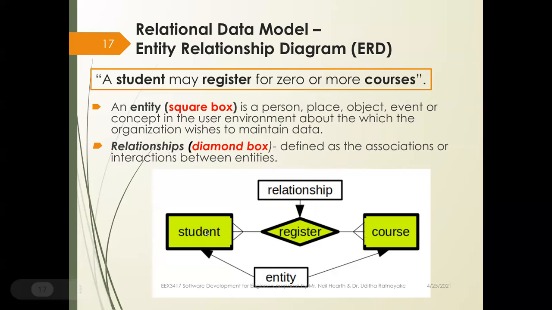Entities are here. Here you can see these are crow's foot, three lines here. Three lines mean many. Many students can register for many courses.